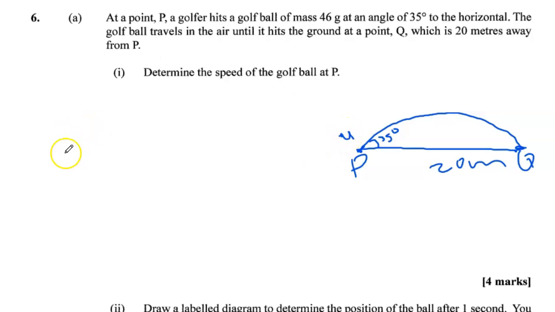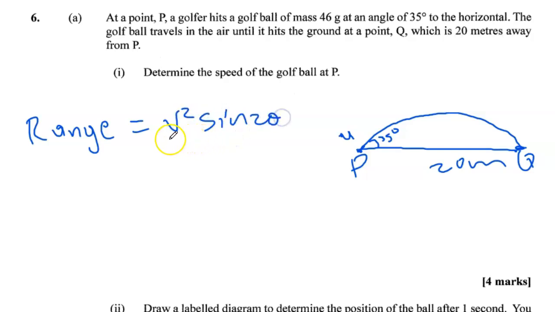Now we know that the formula for the horizontal range is v square sine 2 theta over g. We're given the range from P to Q, which is 20.